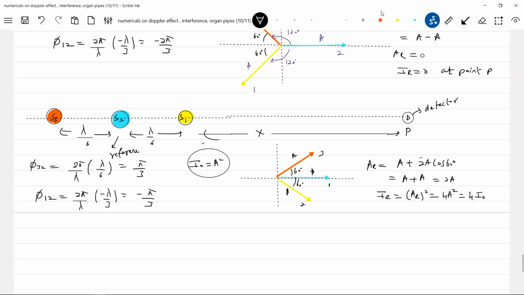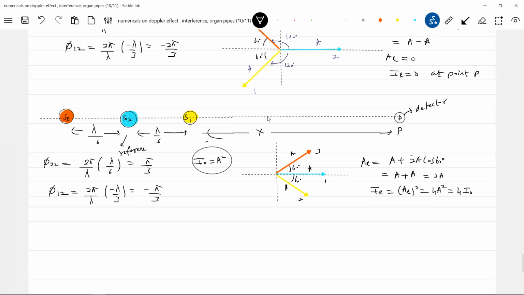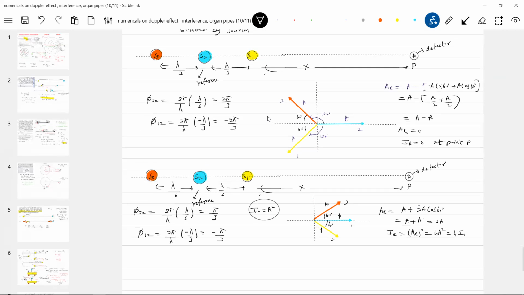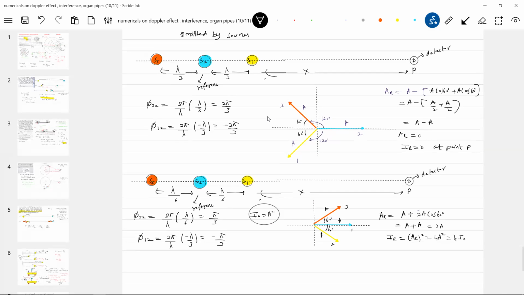So if you have 3 loudspeakers and the separation between loudspeakers is lambda by 3, you're not going to hear anything. This is more dangerous. If they are separated by distance lambda by 6, yes, you are going to hear.